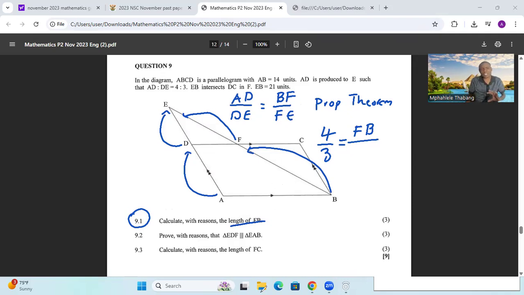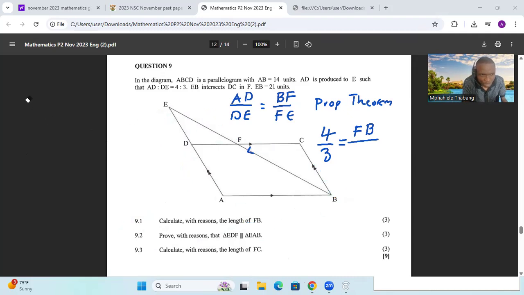They gave me the length from E to B. I don't know the length of FE, I know the length from E to B. So what I'm going to do is say EF plus FB.